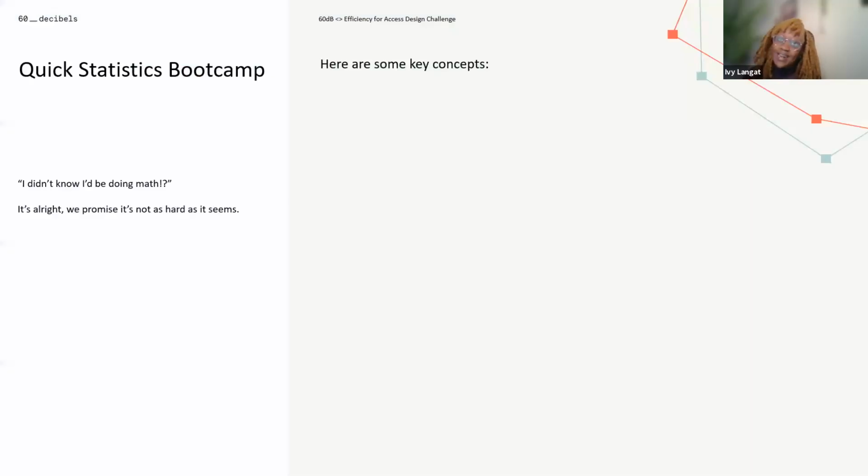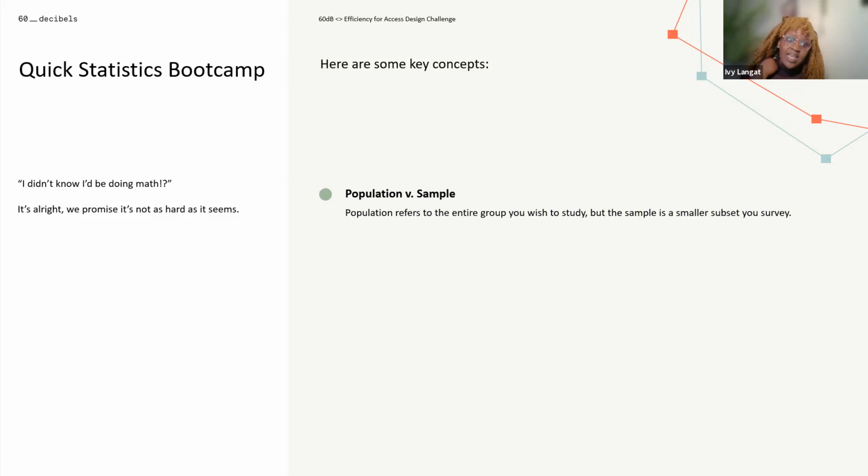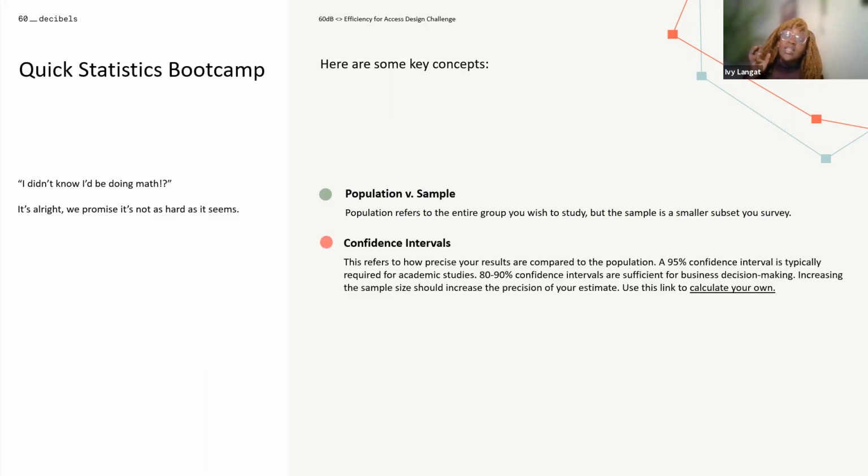And because it's around data, there are a few statistics things that would be helpful to be aware of, but we won't go into this now. I'll share these after the presentation as well. But the key thing here is ensuring that the data that you're collecting and reporting on is representative of the entire population.